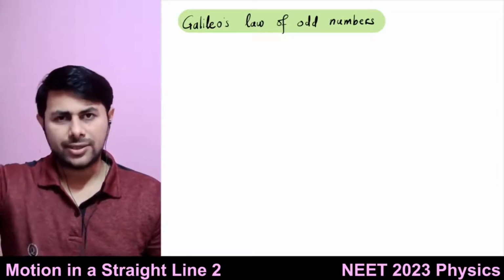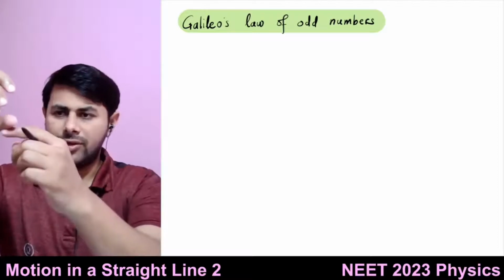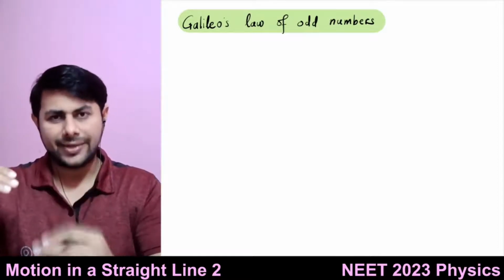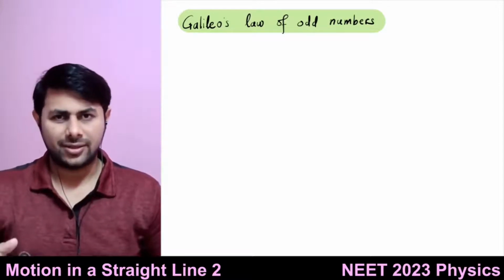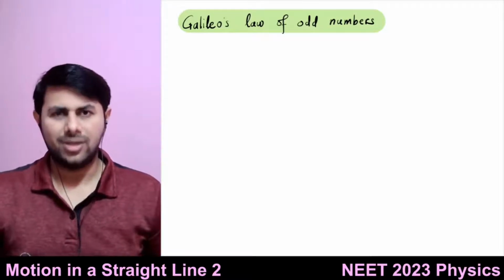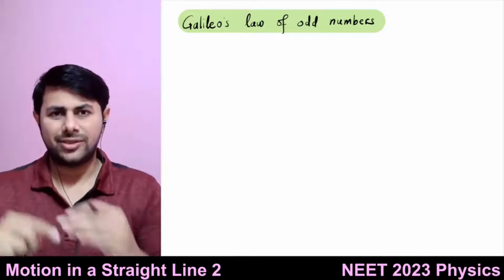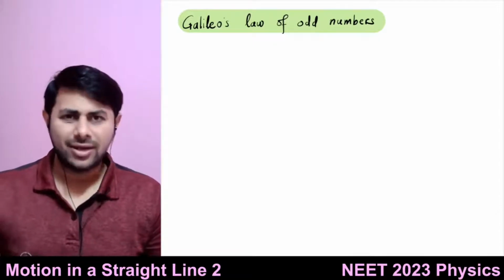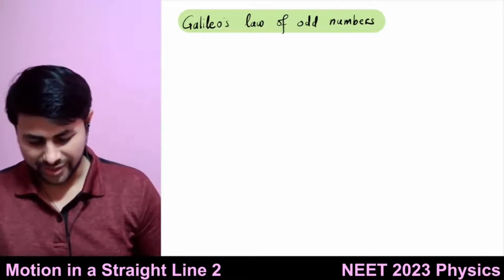Now you release that ball, and the distance covered by that ball in the first second, then in the second second, and in the third second, and so on, if the height is sufficient, those distances are in the ratio of 1:3:5:7, and so on. So you got the law.